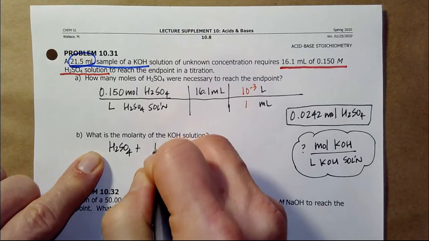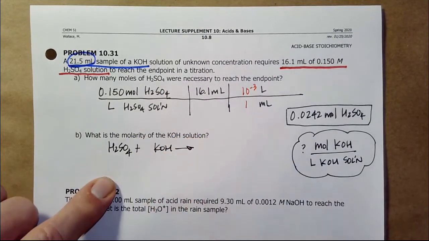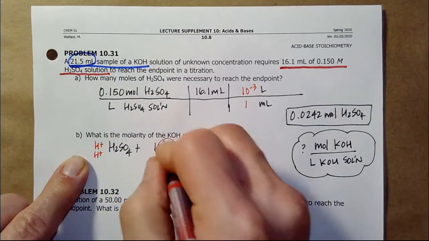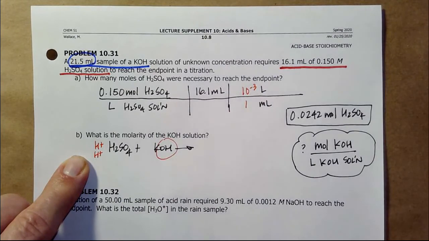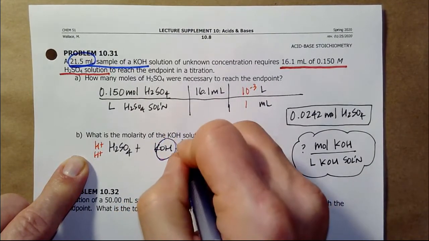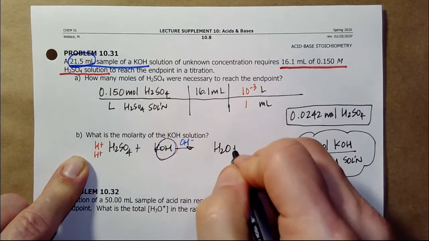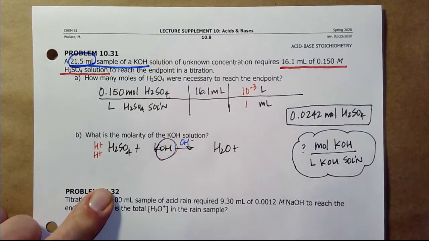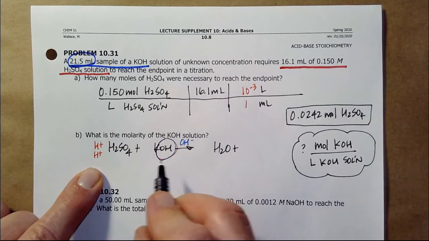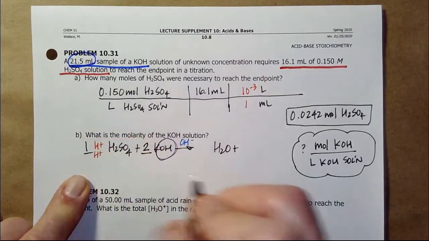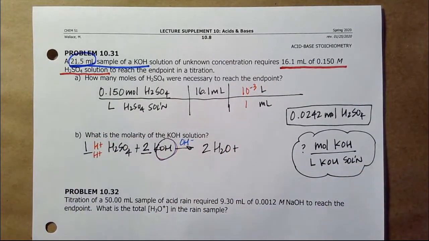H2SO4 plus KOH equals. And now, of course, we think, oh, well, this is really a couple of H pluses. This part that we're interested in is really OH minus. And I know I'm going to get water and an ionic compound. Well, that's got 2 H pluses. This has 1 OH. So it's probably going to be 2 to 1. And I'm not going to worry about balancing the rest because that's the only part I need.